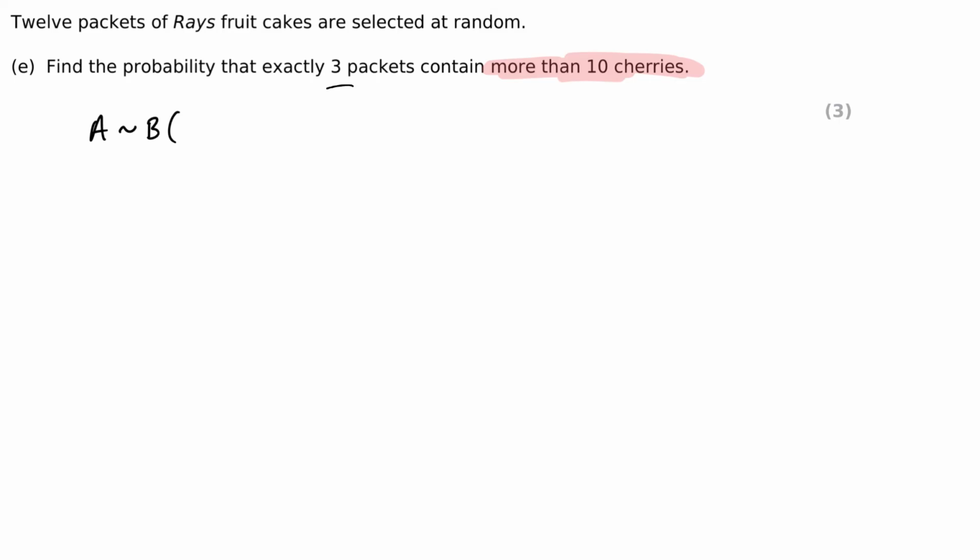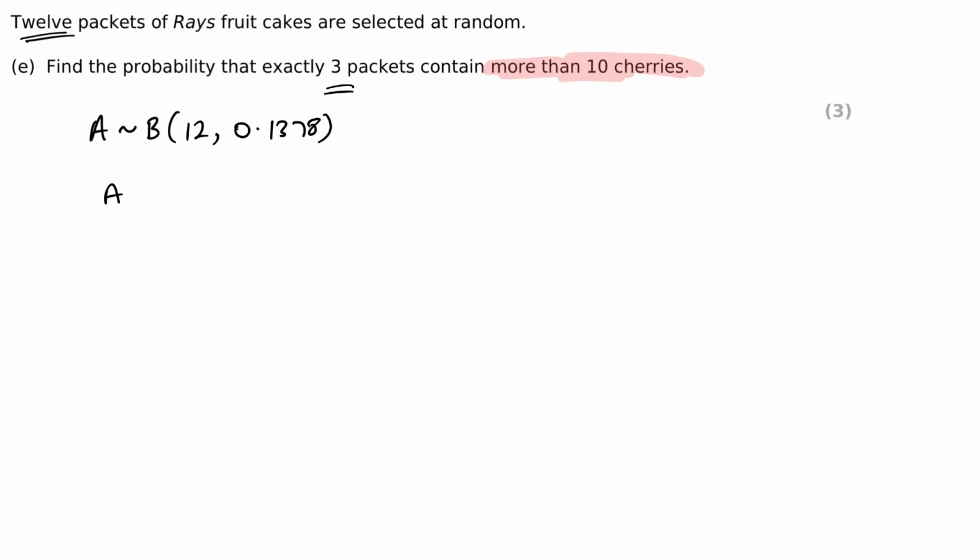But now we have a number of packets, and we have a total number of packets that have been taken. So n is 12, and the probability of more than 10 is our 0.1378, which we found in part D, but we were also given in part D. So we could have done this part E regardless whether we could do part D or not.